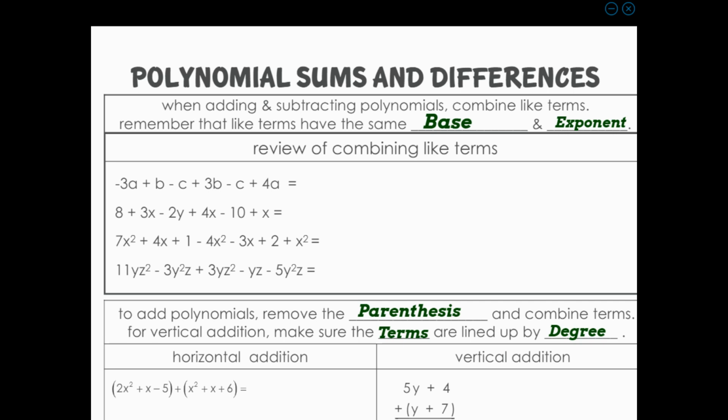You need to remind yourself that like terms have the same base and exponent. When we are talking about combining like terms, you are just combining things that have the same letters and exponents that match.